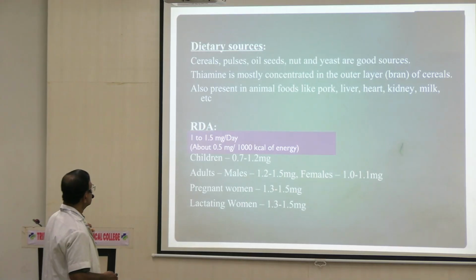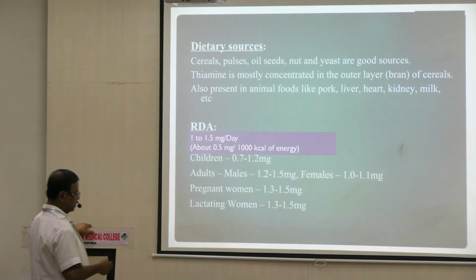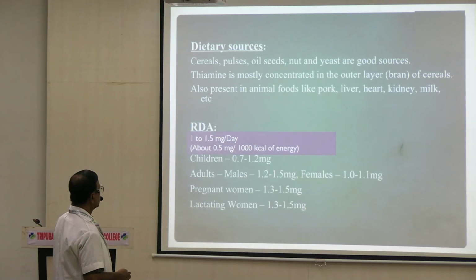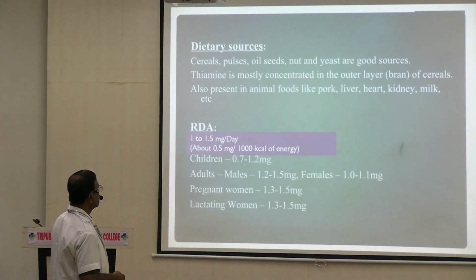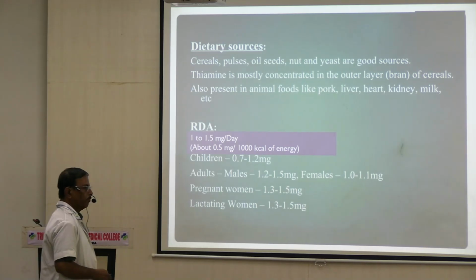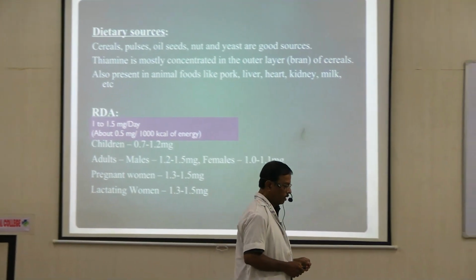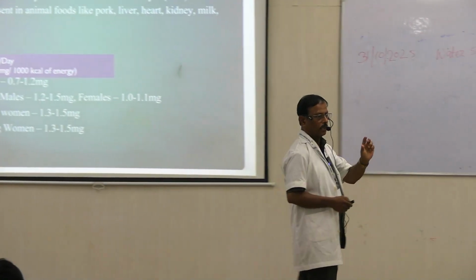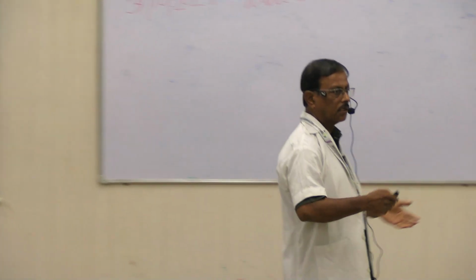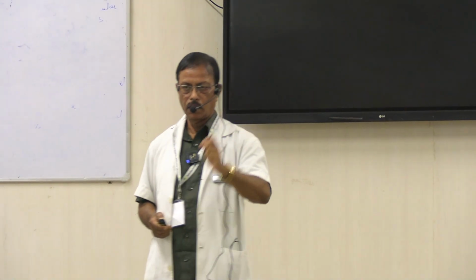Dietary sources: cereals, pulses, oilseeds, nuts, yeast are good sources. Thiamine is mostly concentrated in the outer layer of the cereals, which we call bran. In rice, in paddy, when you remove the husk, over the rice there is a coating, that is the bran.